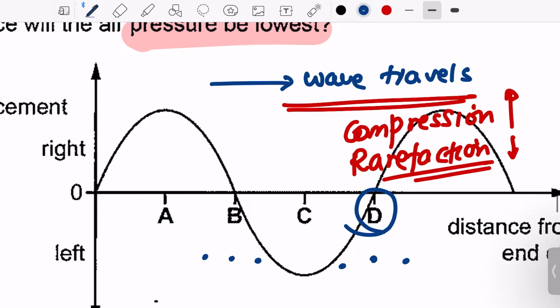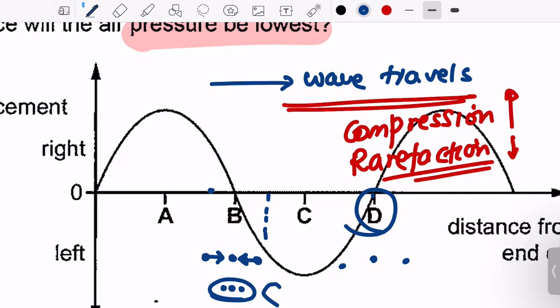Think like this. Think we have 3 particles, and if you take right hand direction positive, it means this particle has moved to the right. This one is negative, so it has moved to the left. So these 3 particles were supposed to be like this, but they have moved closer. So this is a compression, right?